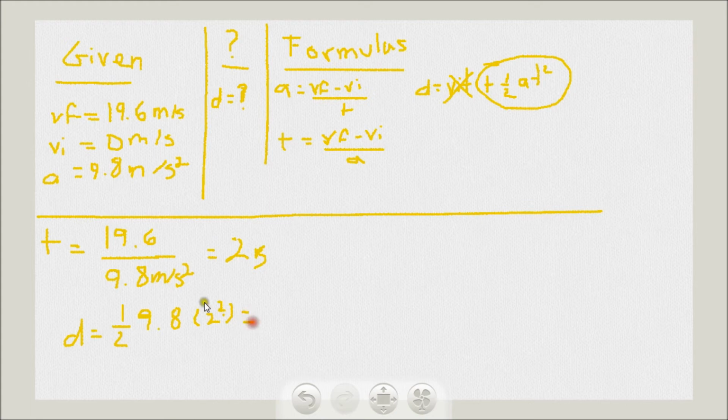So that is equal to a half of 9.8 multiplied by 4. To keep it easier, we're just going to multiply a half by 4 and then multiply it by this, so we have 9.8 multiplied by 2.